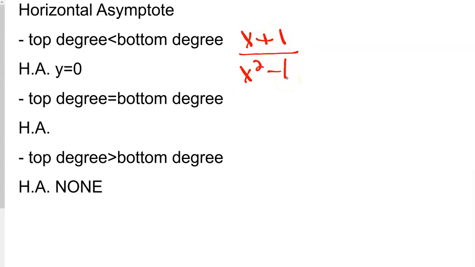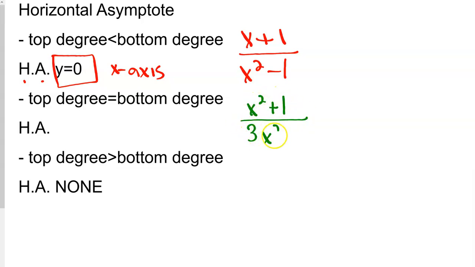If that's the case, the horizontal asymptote is y equals 0, which is the x-axis. If the top degree is equal to the bottom degree, what does that look like? That looks like this, x squared plus 1 over 3x squared plus 1. Notice that the degrees are the same. And if that's the same, the horizontal asymptote is going to be the coefficient of the highest degree.